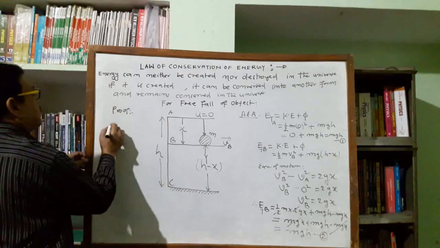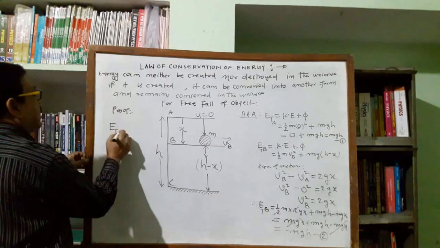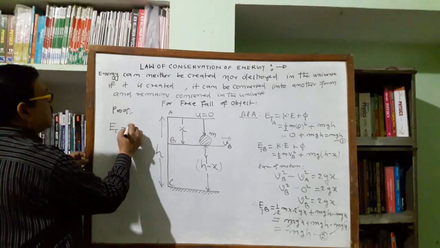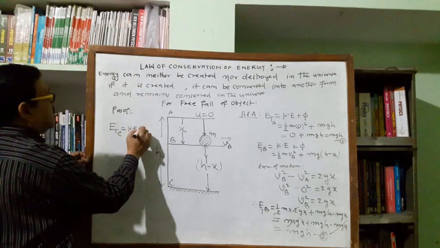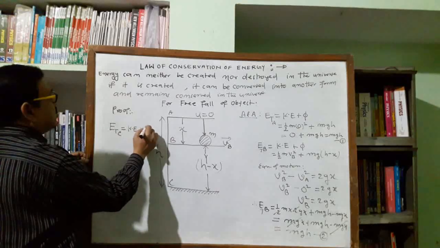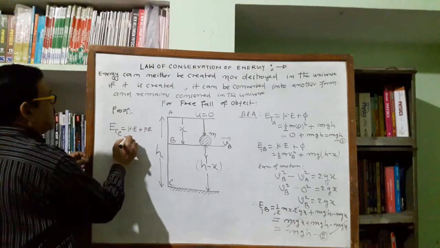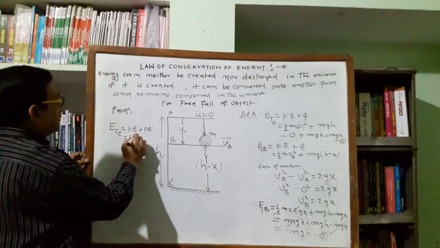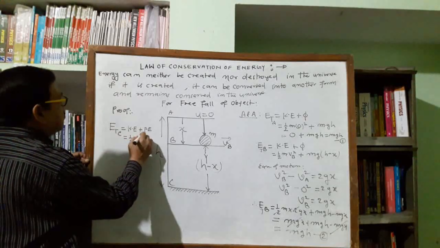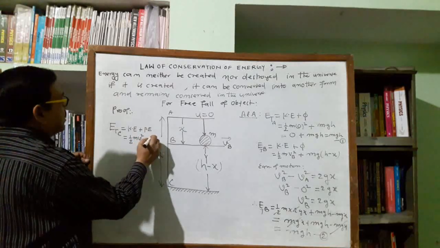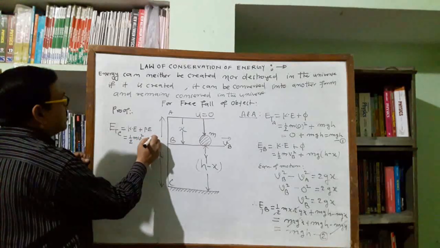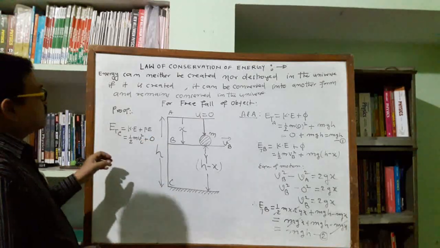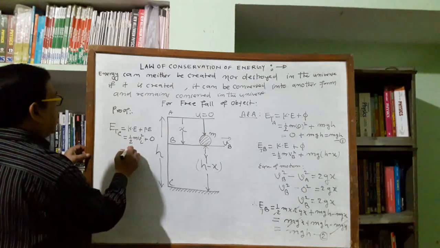But when the object falls down to the ground, then we write total energy at C. When the object is falling freely, it gains kinetic energy and loses potential energy. When the object falls down, it acquires maximum kinetic energy, half m v square at point C, and potential energy at C is 0. How to write the value?